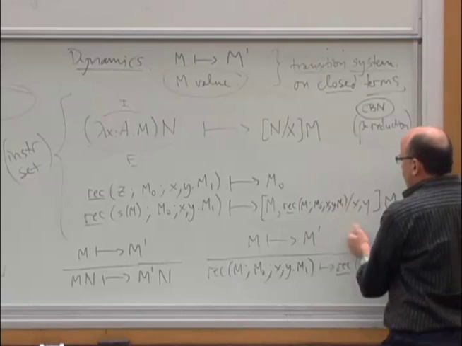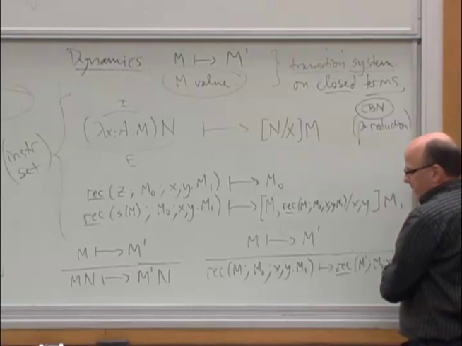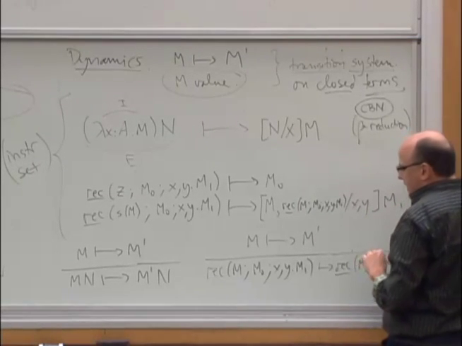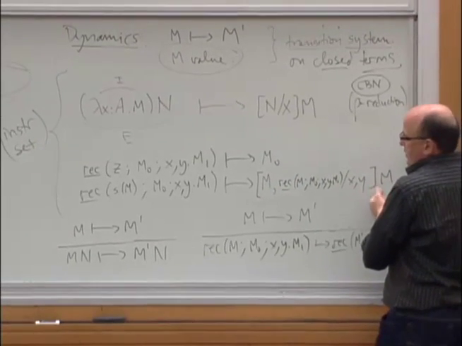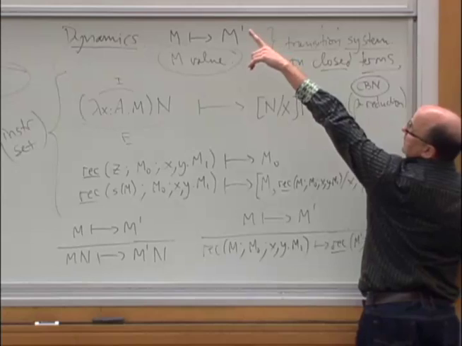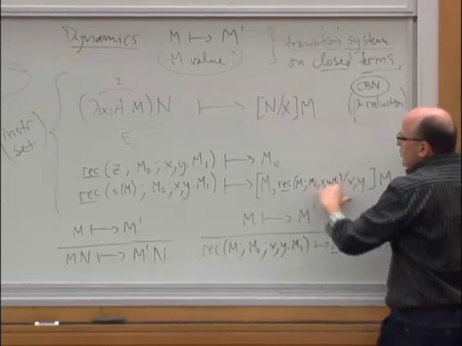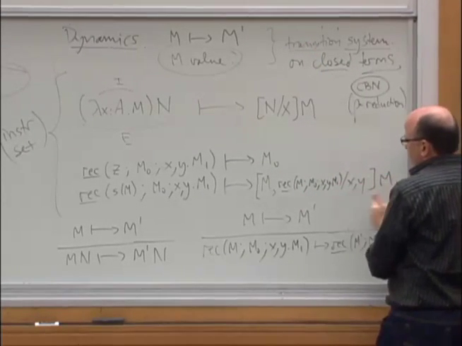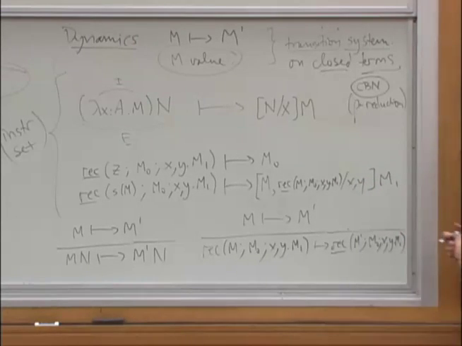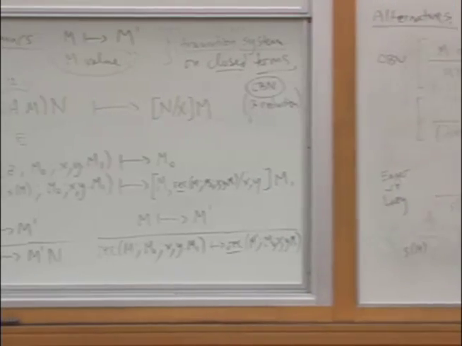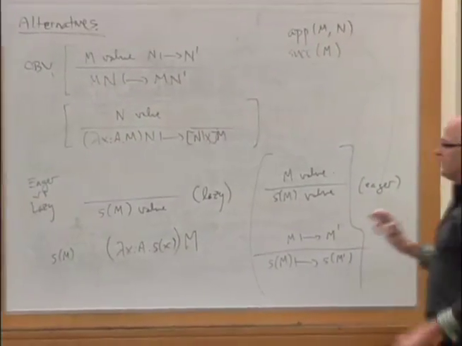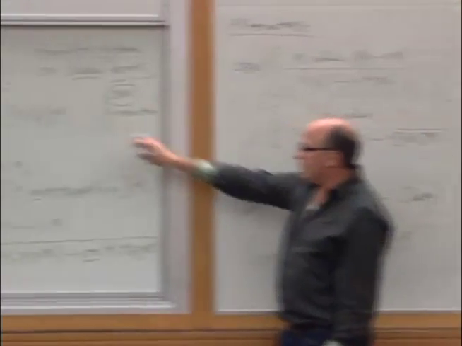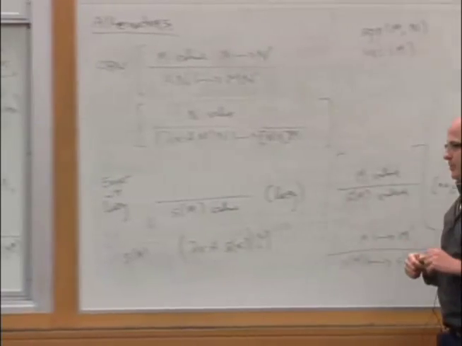It still has to compute, and I'm substituting it in for a variable. If I wanted to maintain that point of view, I would introduce some sequencing operation, a kind of let binding, of the kind that I described here, to bind the result of the recursive call to a variable and then plug it in. I don't want to go there because it complicates the formalism. So the reason I stuck with call by name is for pedagogical purposes.